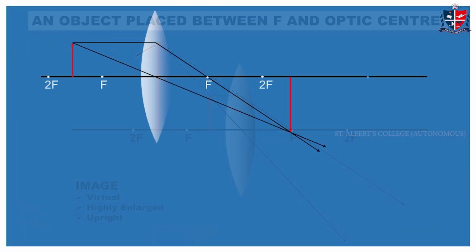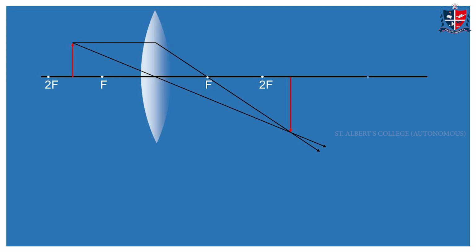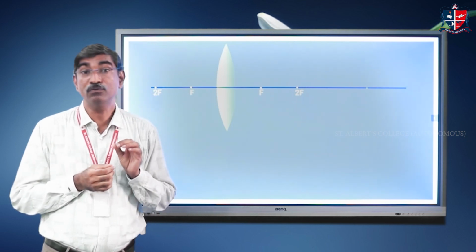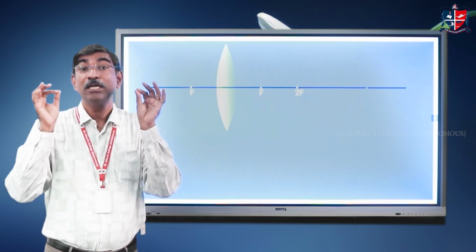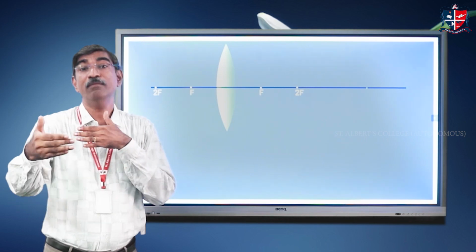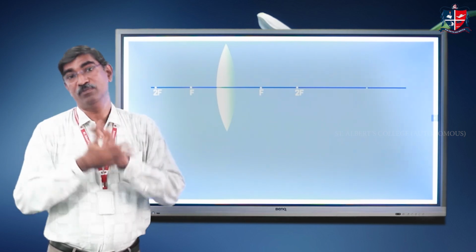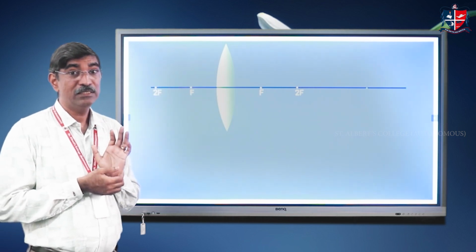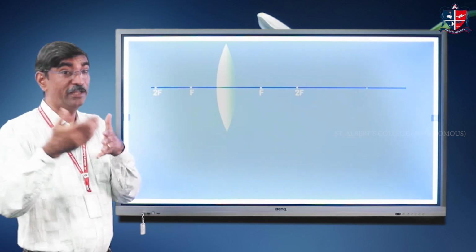Now let us see how an image is formed in a compound microscope. As I have already told, the compound microscope has a combination of lenses, more than one lens system. So this is the first lens system, that is the objective.